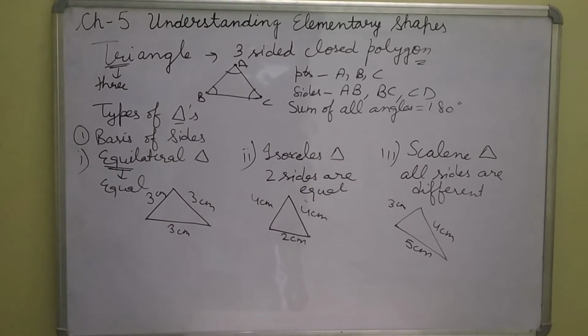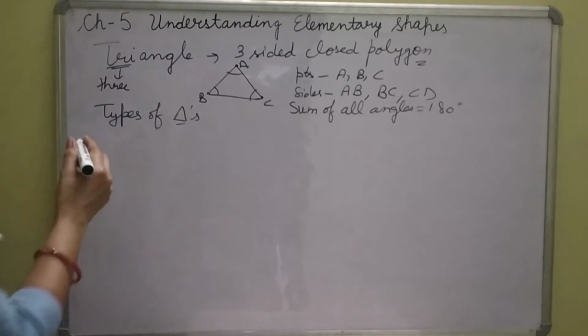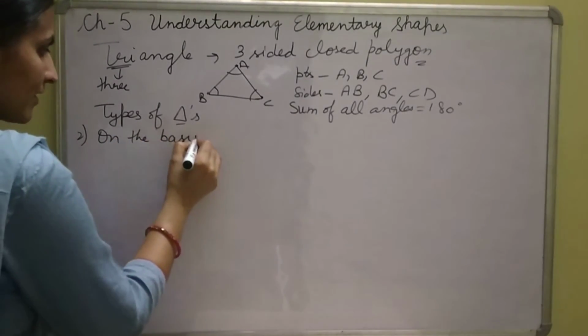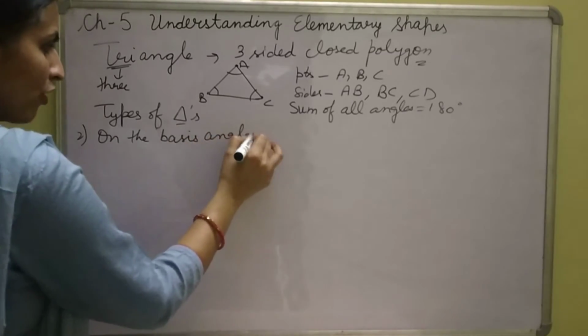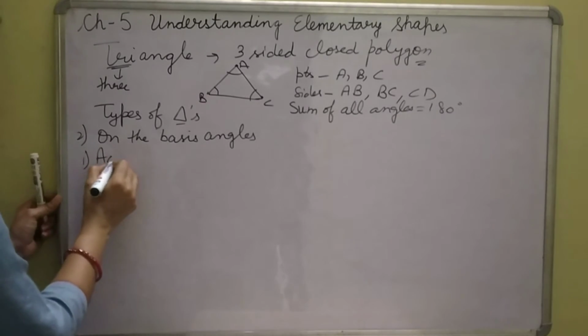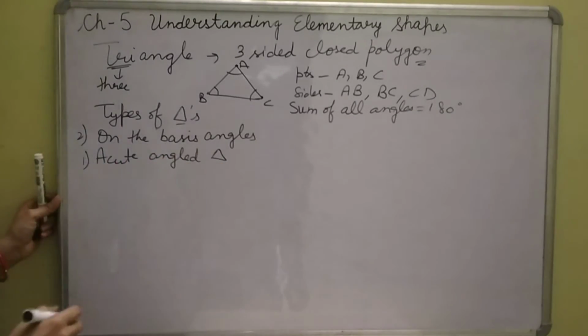Now let's learn about on the basis of angles. Again, on the basis of angles, we have three types of triangle. First one is acute angled triangle.